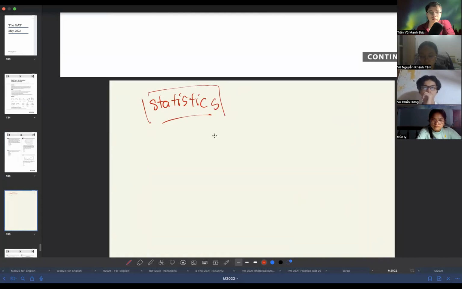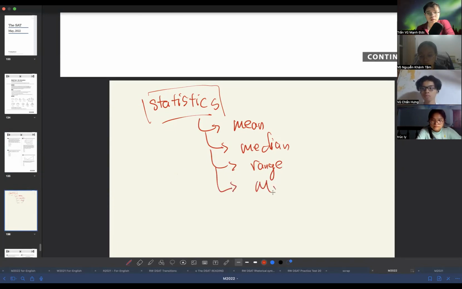Why is that? Because it involves mean. You're going to have to remember what the terms are: mean, median, range. The less common one is mode.